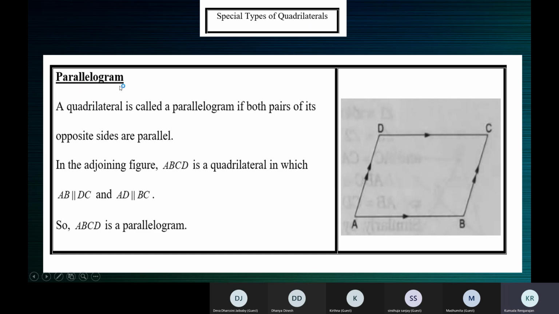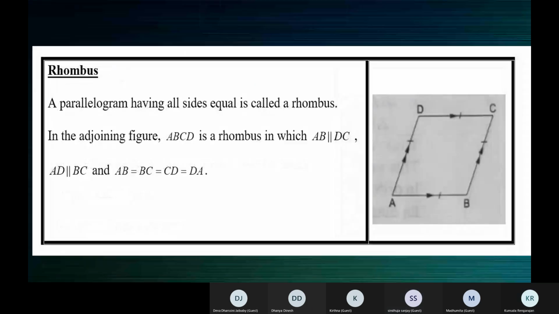The first one is a parallelogram. Write this definition, draw this figure, and write what you see on the screen. After this, give the heading properties of a parallelogram and write the 6 points which you have in your book. Do we understand that? Yes, ma'am.